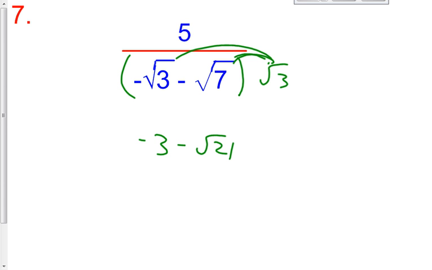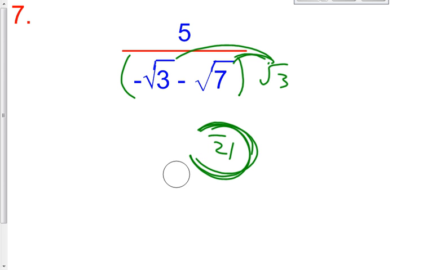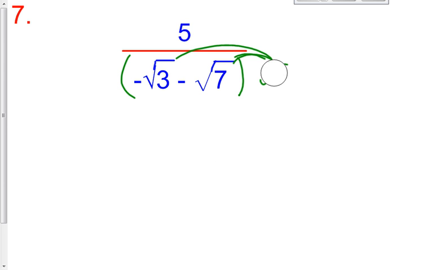So now, class, you still have a radical sign in the denominator. So you didn't rationalize anything. It's still irrational. So multiplying by the square root of 3 will not work. In the same way, multiplying by the square root of 7 will not work. So we have to do something else.